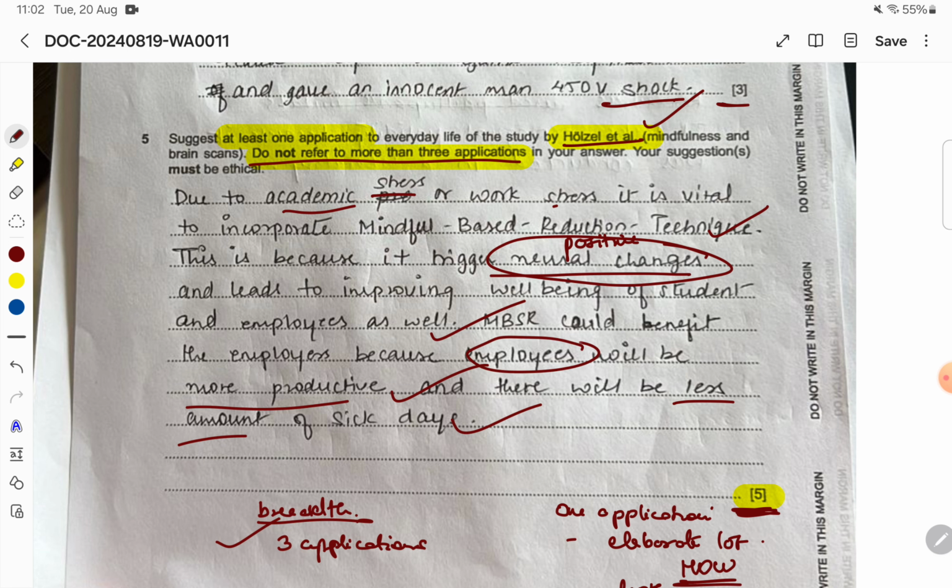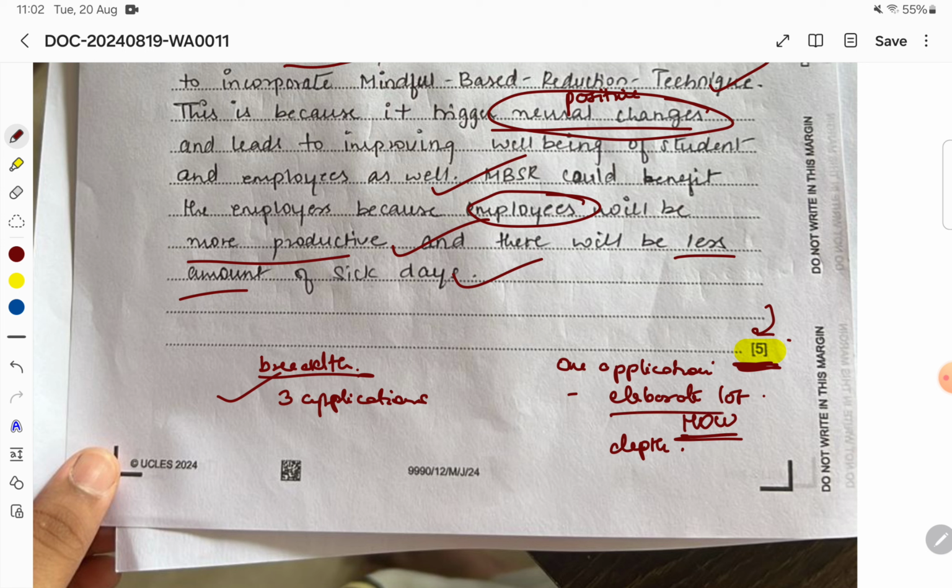So when she's elaborating on employees, to justify 5 marks, coming back to how she could elaborate a lot, she could have written that there would be group sessions for the employees. Maybe she could propose that a training session would take place in the workplace itself, that there would be 45 minutes practice exercises to be done daily, or maybe she could propose that some yoga space or sitting meditation space provision could be made in the office.